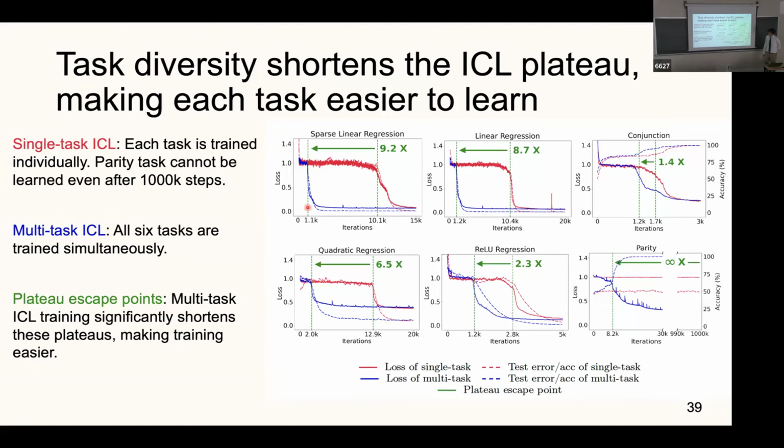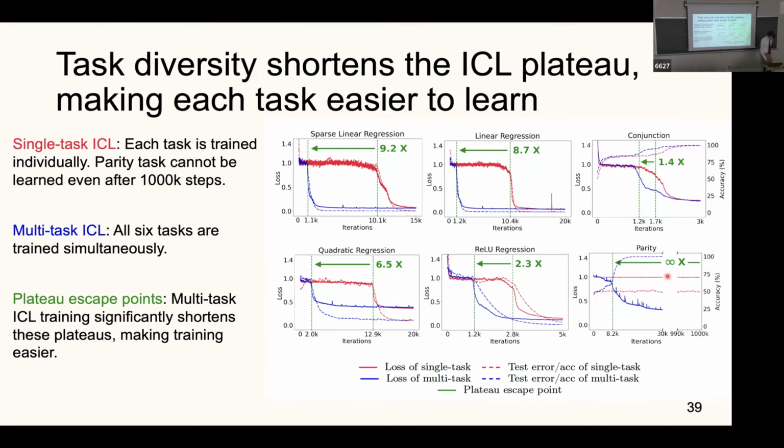If we train on just one single task, then this is the training loss curve. There's a very long plateau, and then at some point the transformer suddenly learns the algorithm, the one algorithm. And parity is actually a difficult task to learn.